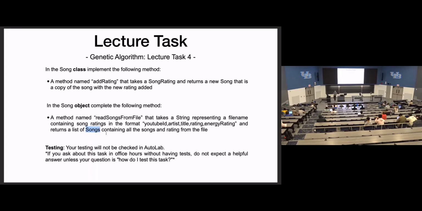To do this, you'll be pulling out your ideas about immutability, data structures, and most of all, recursion. You'll have to use recursion over the lines of the file to get this one done. This one is a pretty difficult recursive method to write. So, like I said this a few times already, this will probably be the last time I say it, except in office hours if you ask me questions.